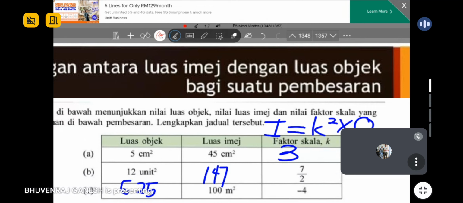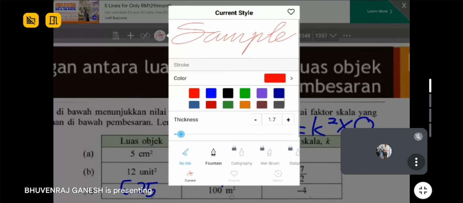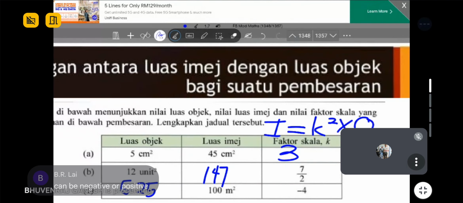There is something not correct, one value among these three. What is the not correct part? Can I explain? Yes. The answer is yes. Guys, wake up.